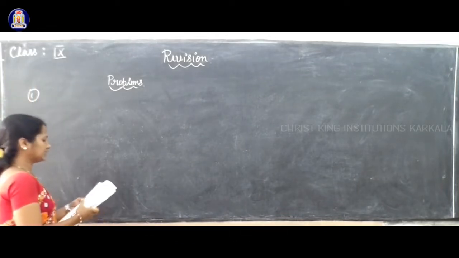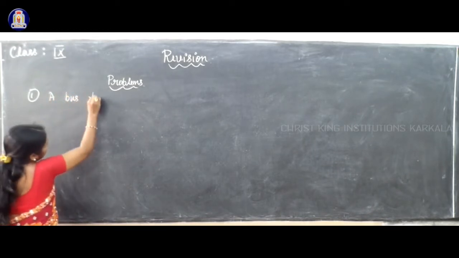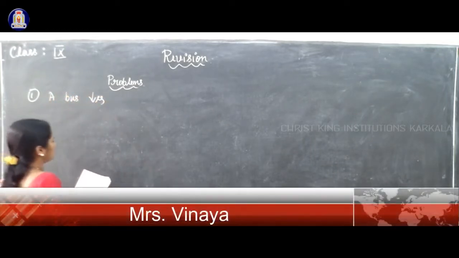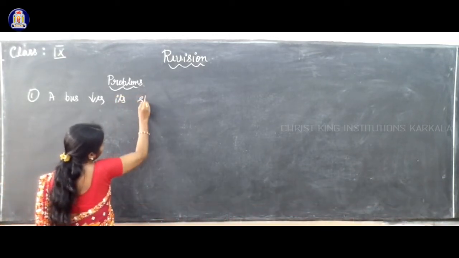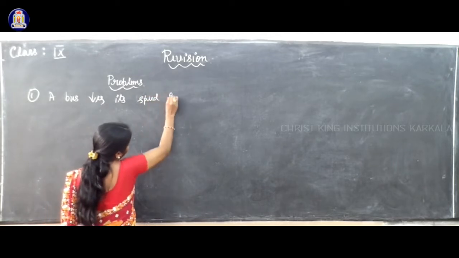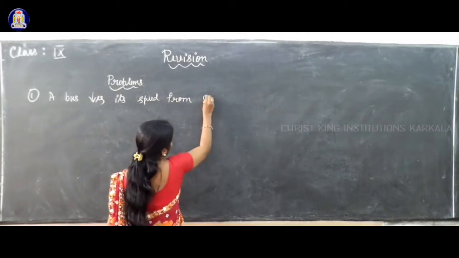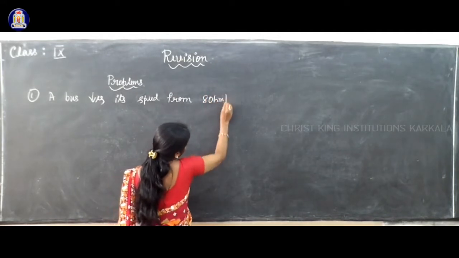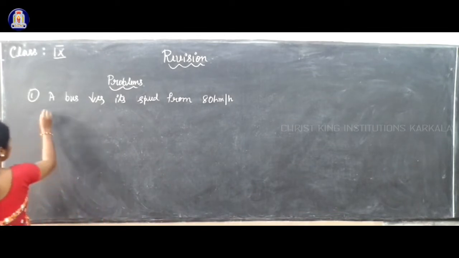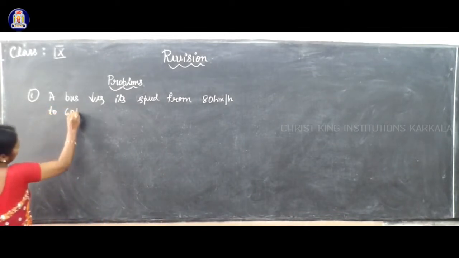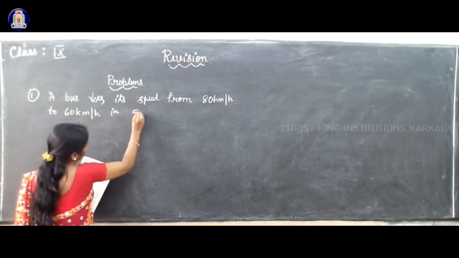The question is like this: a bus decreases its speed from 80 km per hour to 60 km per hour in 5 seconds.